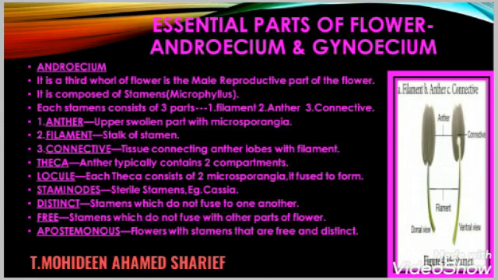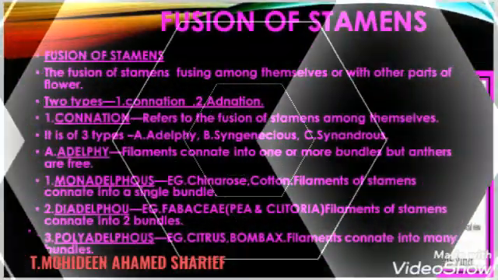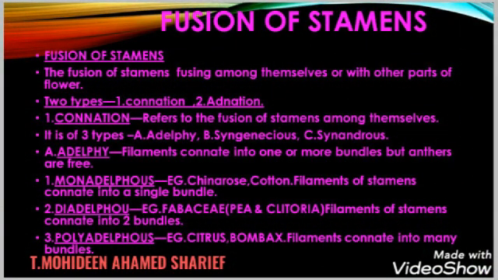Fusion of stamens refers to the stamens fusing among themselves or with other parts of flowers, and they are of 2 types, concretion and adnation. So connation refers to the fusion of stamens among themselves. It is of 3 types, adelphous, syngenesious and synandrous.